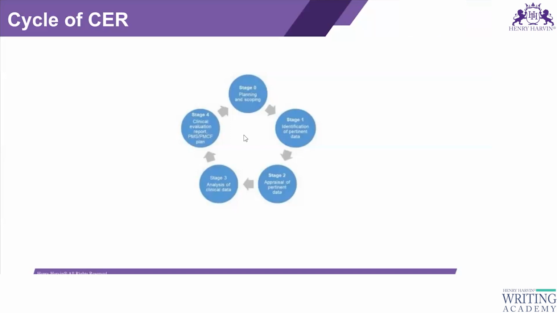After the data is analyzed, it is presented in the clinical evaluation report, which also contains the post-marketing surveillance or post-marketing study plan for the next year. That is submitted to the regulatory authorities. Okay.